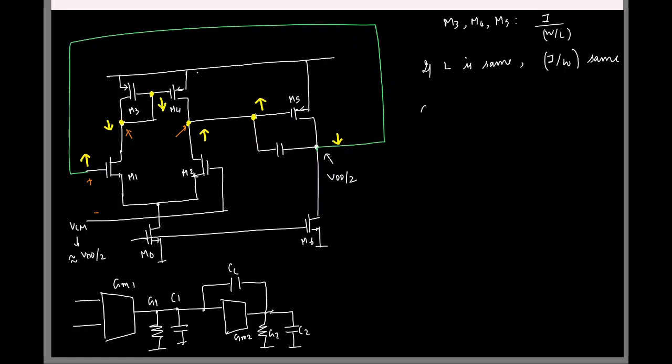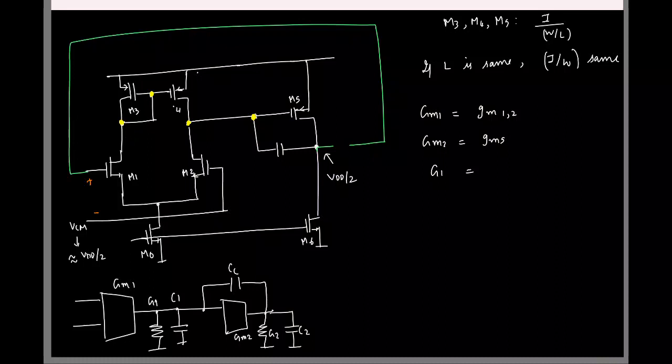So what is GM1 in our transistor implementation? Small, I mean GM of the transistors M1 or M2. That's the first stage. What about capital GM2? GM of the transistor M5. What about the conductance G1? Let me erase these, simply cluttering.